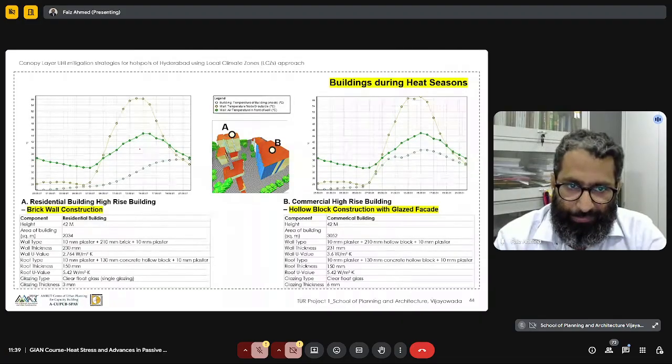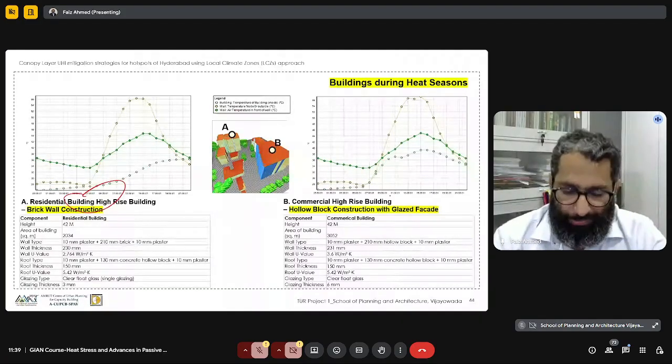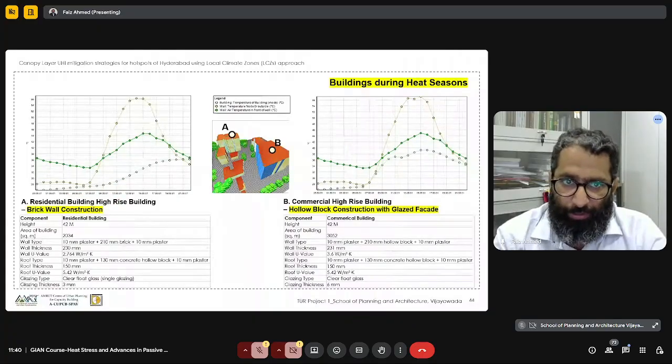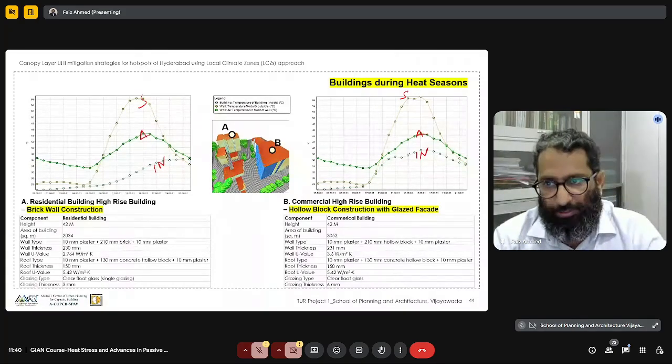On the left hand side we have a residential building, and on the right hand side we have a commercial building. These are surface temperature, air temperature, and this is indoor air temperature. The bottommost third line that you see is indoor air temperature.